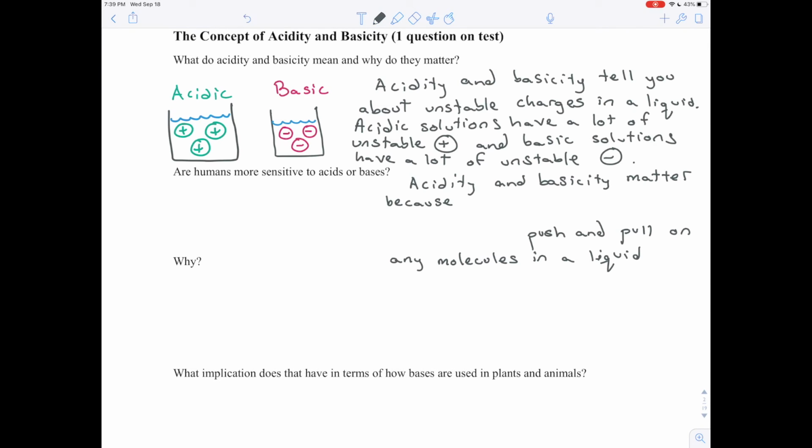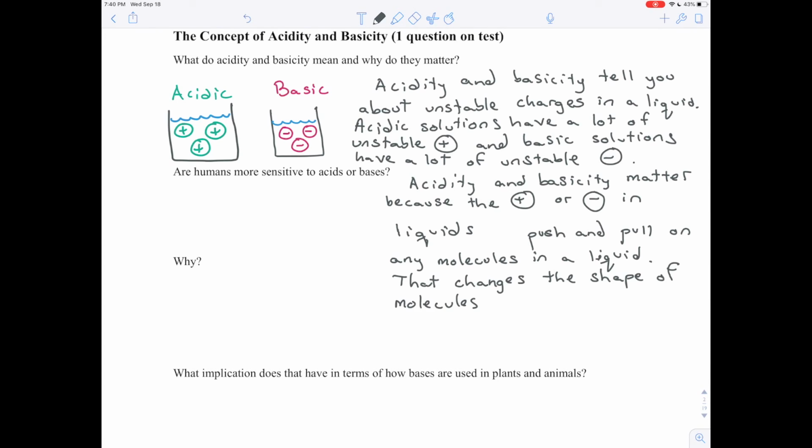So acidity and basicity matter because the positive or negative charges in them push and pull on any molecules in the liquid. That changes their shape and therefore changes how those molecules fit into the world.